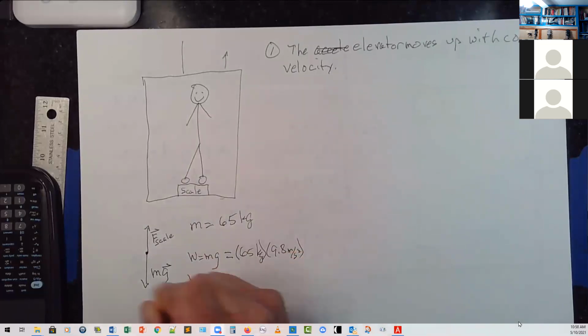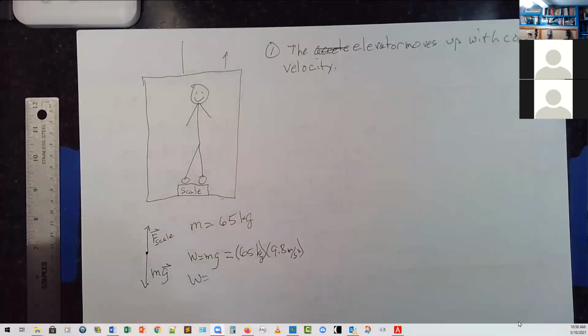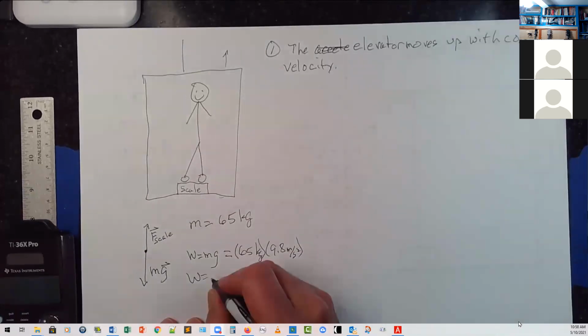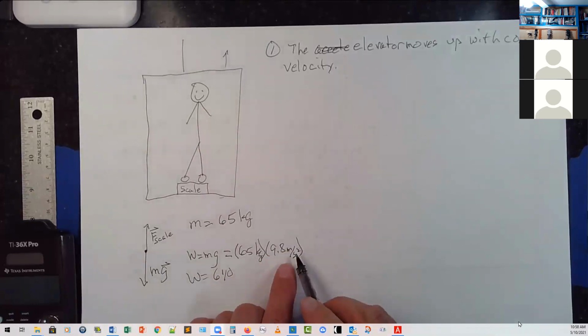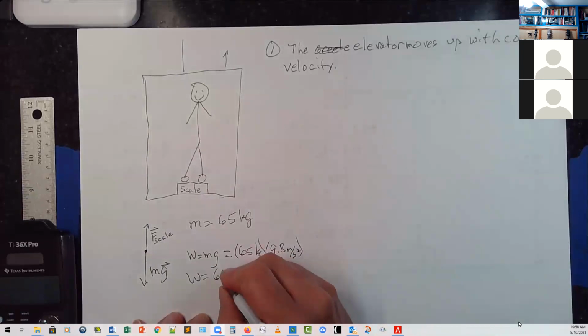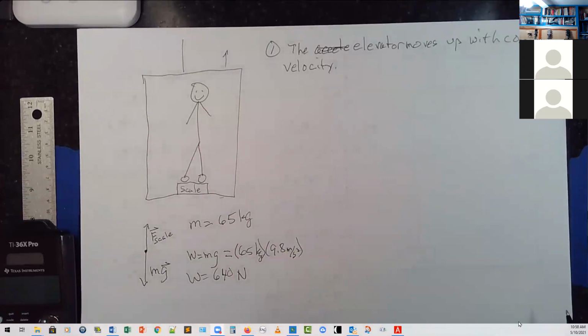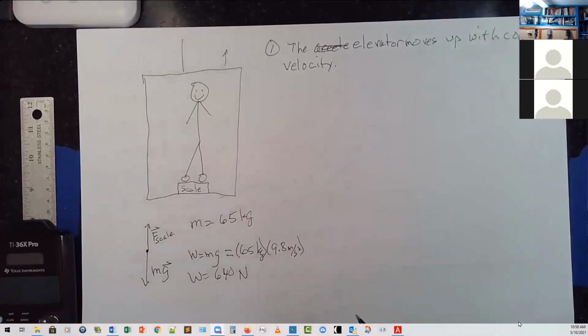And this student's weight is going to be about 640 newtons. I know they're newtons because they're kilogram meters per second squared, and that's what a newton is. So 640, and I just rounded that to two significant figures. I actually get 637 newtons, but I don't have that many sig figs. So 640 newtons there. That's what we have.